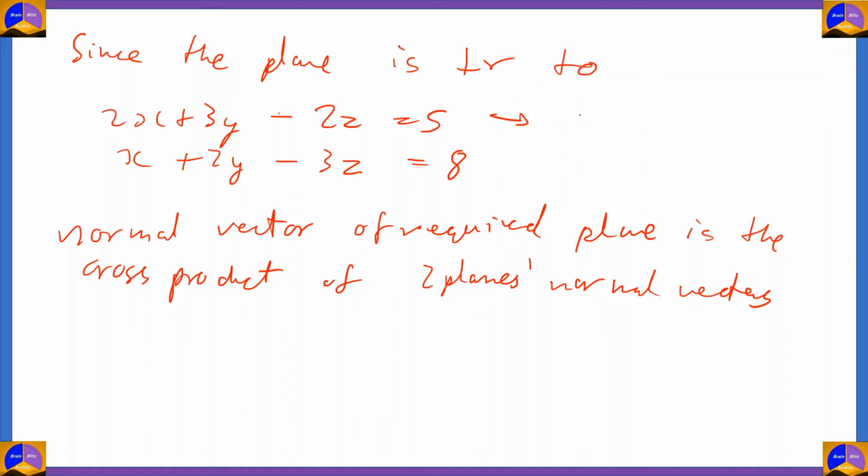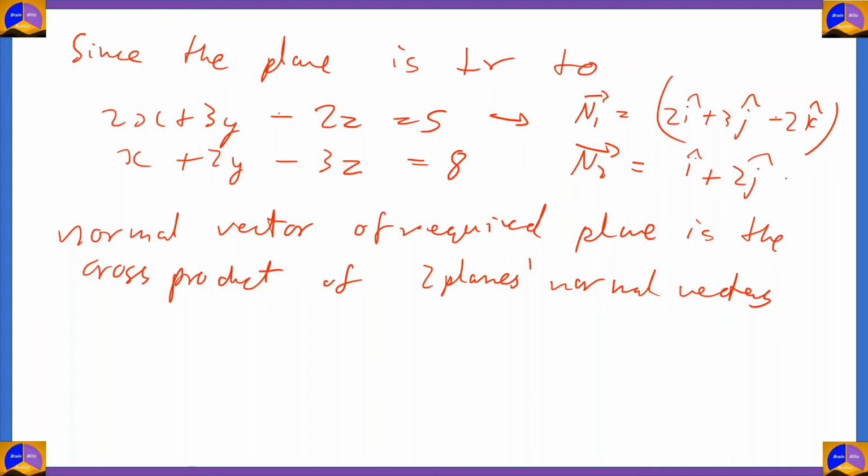So over here, the normal vector n1 will be equal to 2i plus 3j minus 2k, and n2, that's the normal vector of plane 2, is i plus 2j minus 3k.